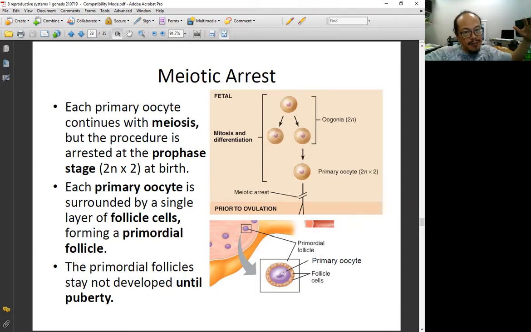They will be kept there until puberty. All right, so that's the meiotic arrest, meaning that these oocytes, as well as the follicle, don't make any development between birth and puberty. All right.